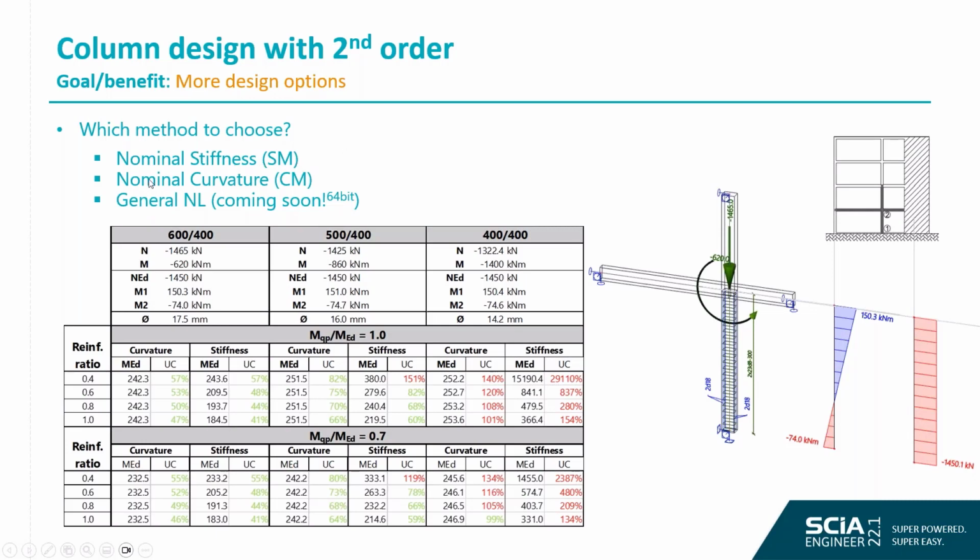But for sure, at least from the Eurocode point of view, nominal curvature method should be used just for symmetrical cross sections, which are also symmetrically reinforced, while nominal stiffness method can be used much more generally, but also with some limitations like considering cracking of adjacent members, etc.